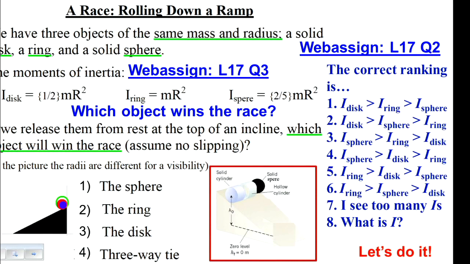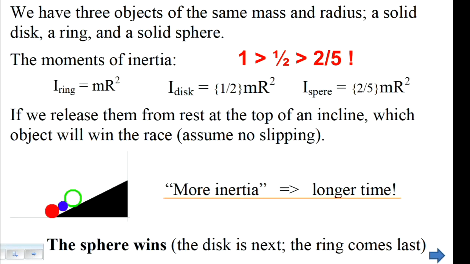So in this situation, the sphere wins because it has the least amount of inertia, so it's easier to speed it up than other objects. This is how we rank. We'll just look at the coefficients. There's an invisible one here. If you didn't see that one, that might be why you ranked differently.